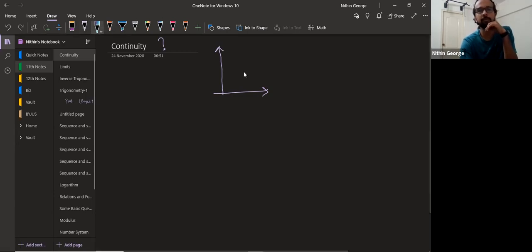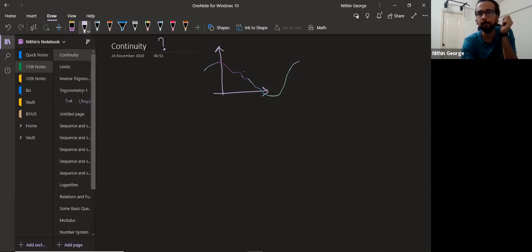When you can draw a graph without lifting a pen, you say the function is continuous. Graph of that function is continuous. All right. You following? Yes, sir.